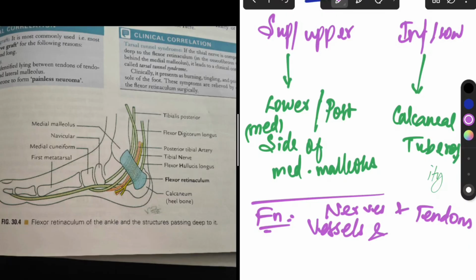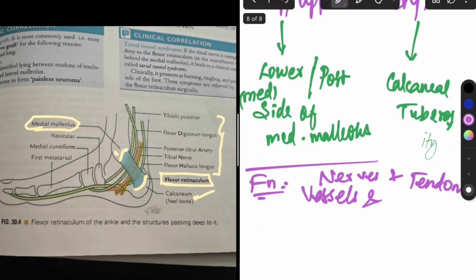This is the medial malleolus. Next, this is the flexor retinaculum. It is present behind and below the medial malleolus and attached to the calcaneal tuberosity of the calcaneum bone. These are the vessels and tendons that pass deep to the flexor retinaculum.